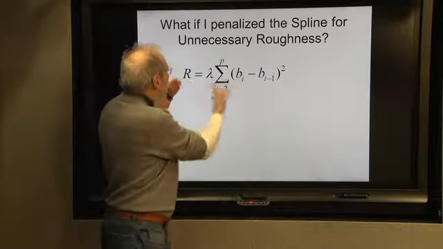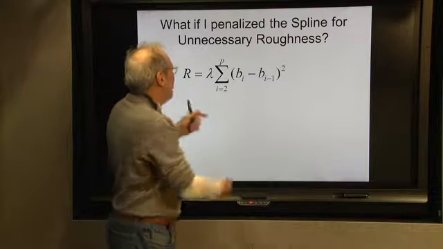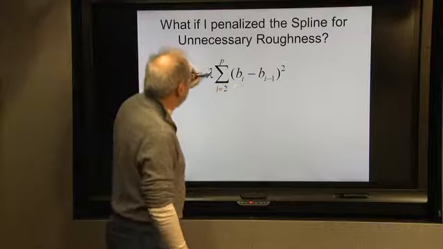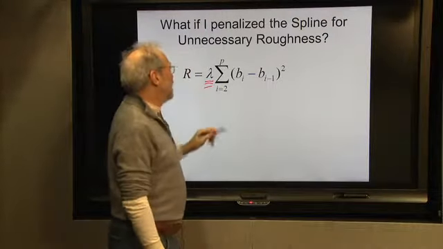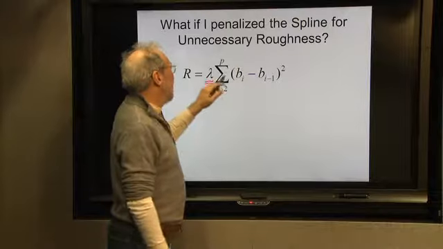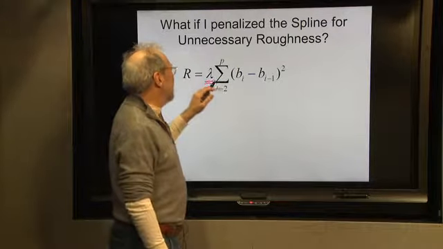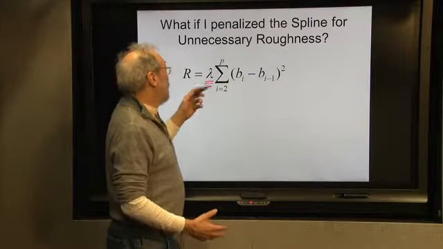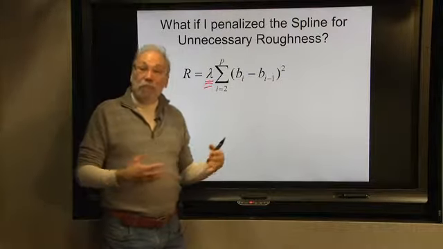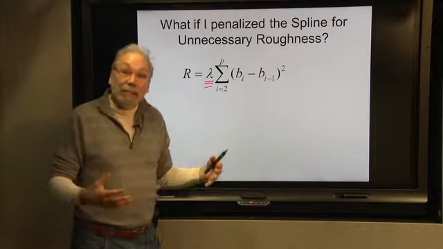So I estimate some roughness penalty this way. Because this gives me some penalty depending on the change in the slopes, but I might want more or less penalty.